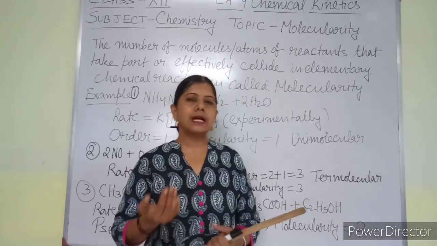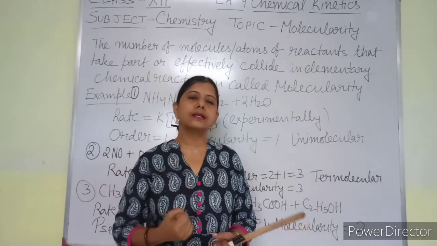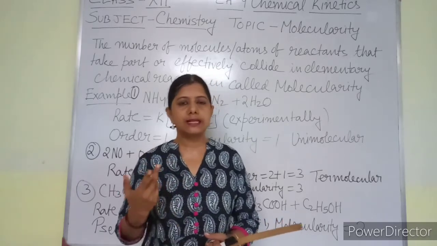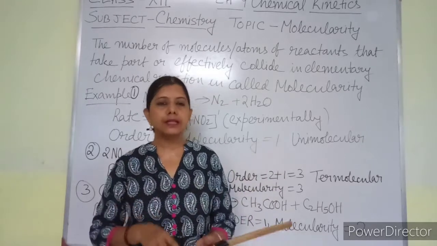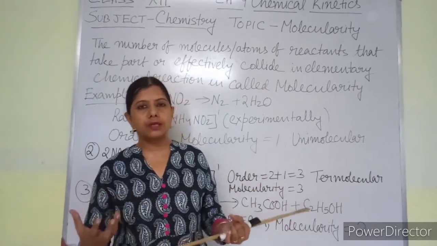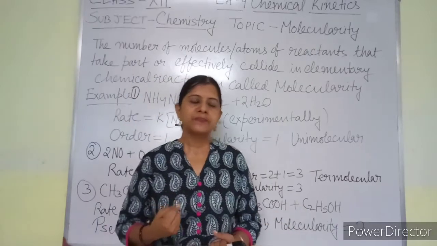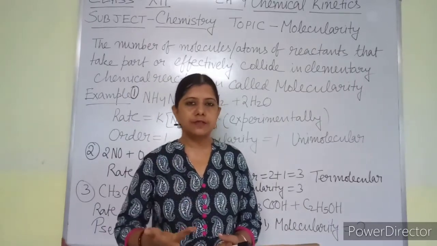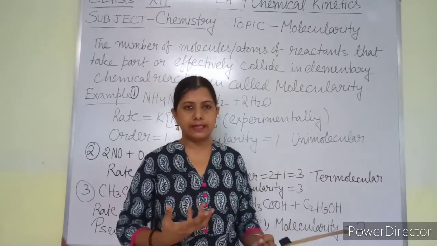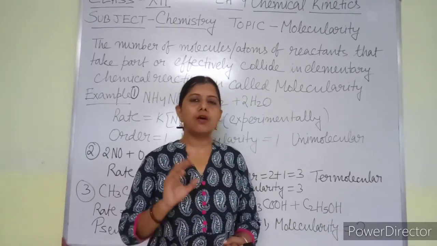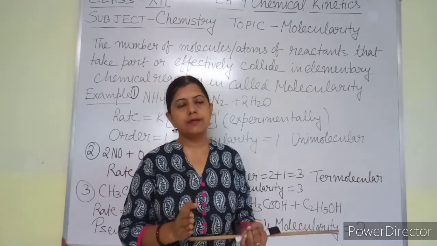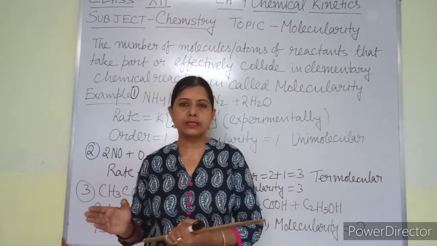In general, it has been found that molecularity of a reaction can be 1, 2, or 3, but if more than 3 atoms or molecules are going to collide, it will not be an effective collision. That means the product is not going to form properly. So molecularity of a reaction generally cannot be more than 3. It has the values only 1, 2 and 3.